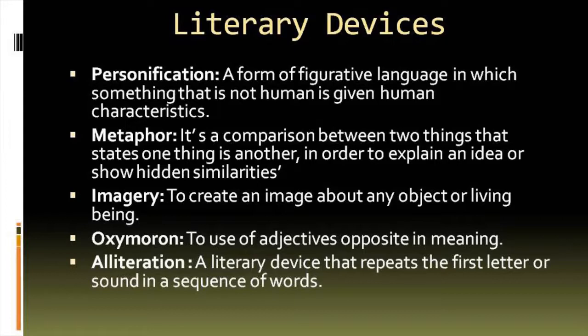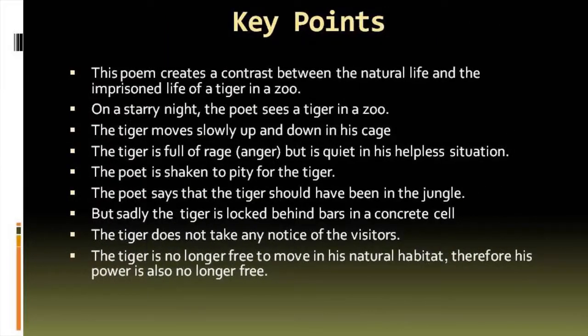So this is alliteration. A very simple example from practical life is Kit Kat, where KK is repeated, and Coca-Cola, again KK is repeated. The first letter is of course C in Coca-Cola, but the pronunciation is also the same. So these are examples of alliteration. How these literary devices are used in this poem we'll be studying next.